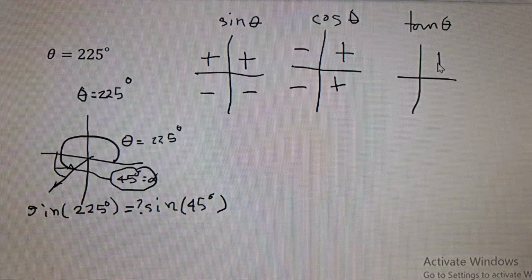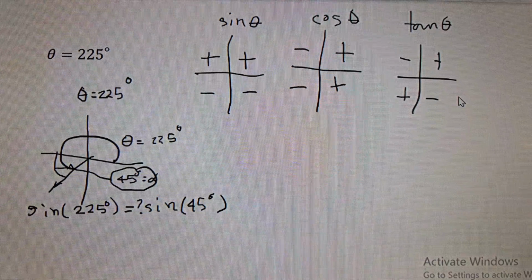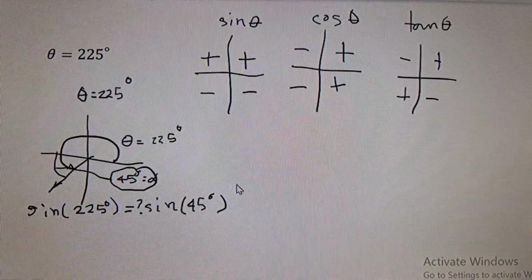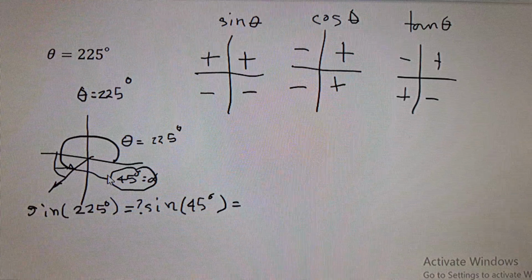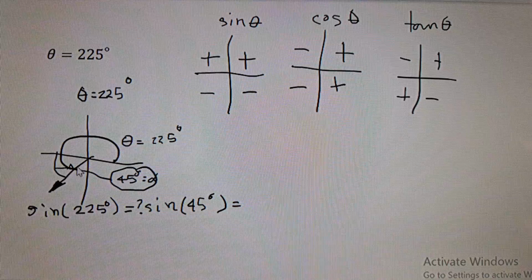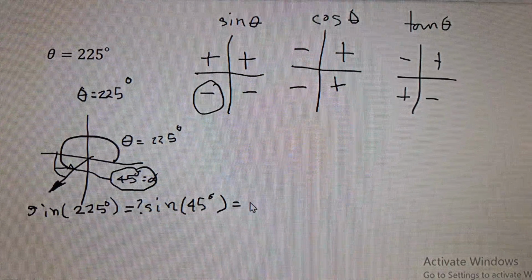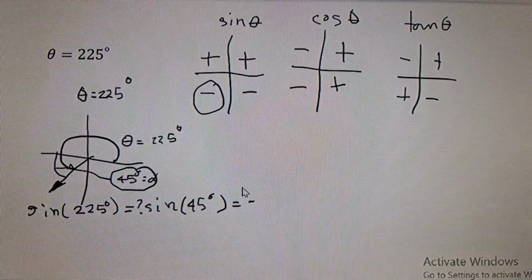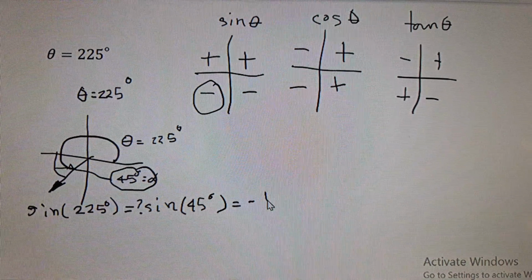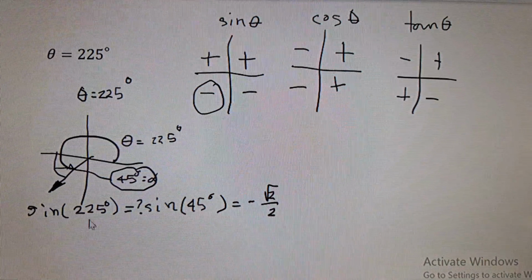And the tangent is positive here and here, and negative in those other places. So, we know that the sine is going to be in the third quadrant. The sine is negative at that point, so it's going to be negative. But what is the sine of 45 degrees? Well, we know this is going to be square root of 2 over 2.